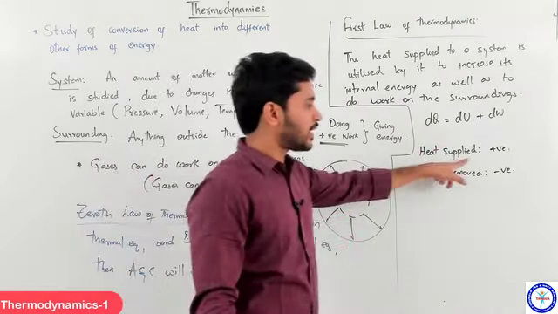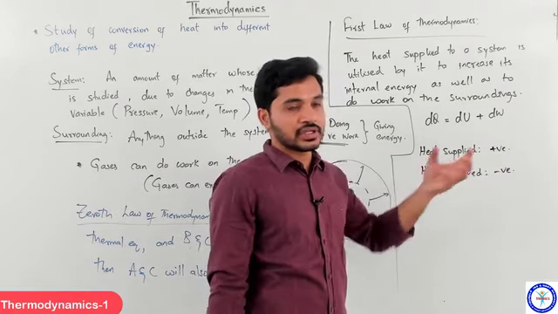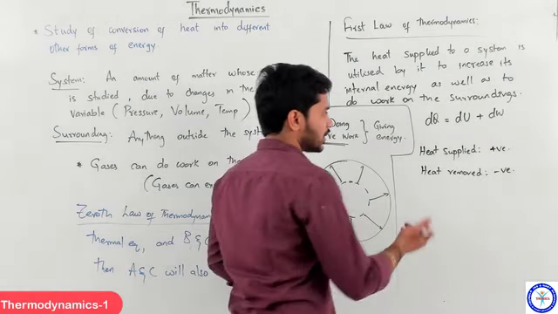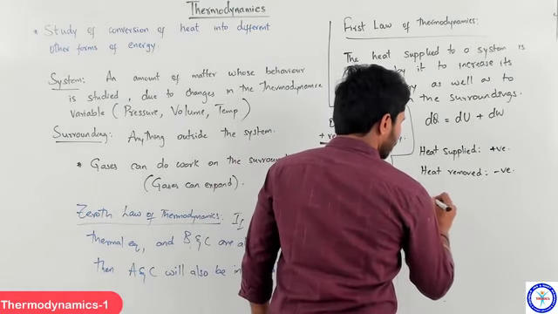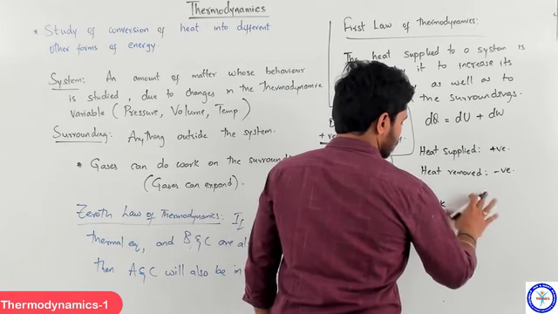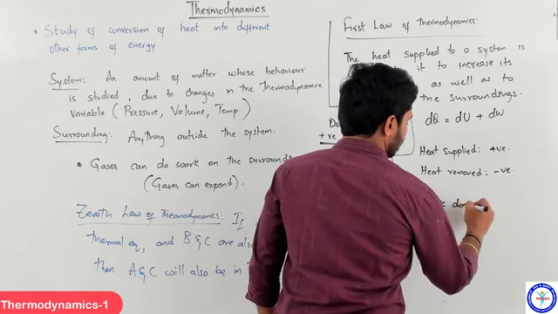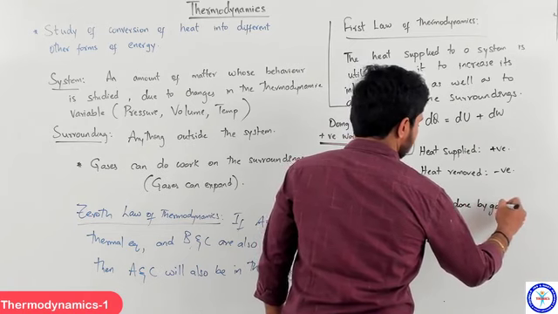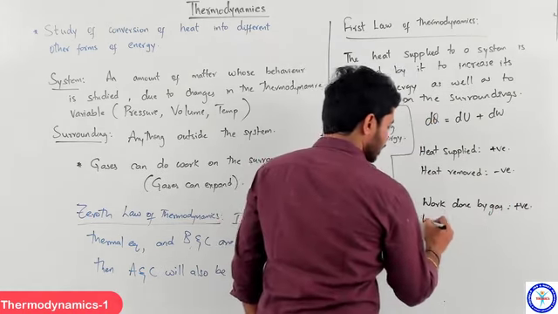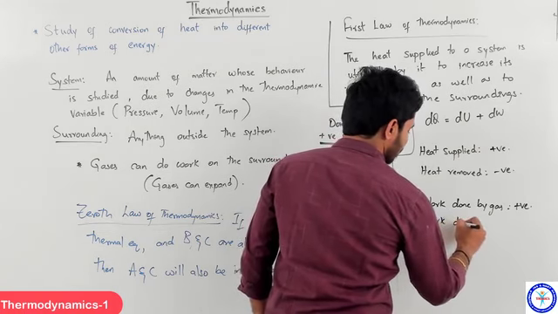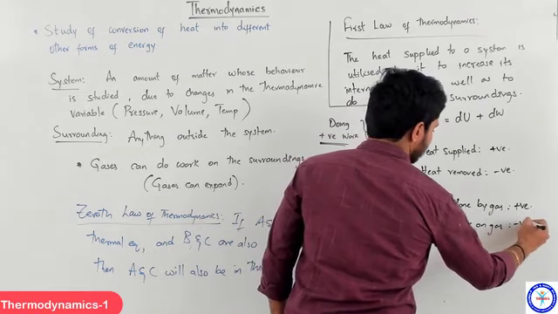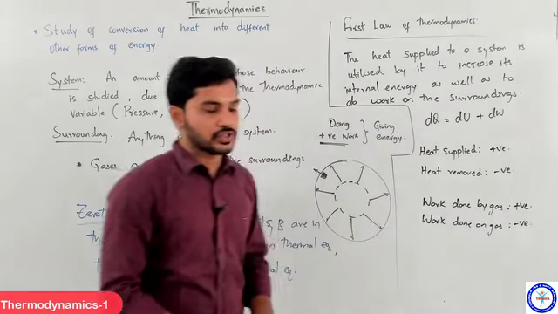So heat supplied is considered positive, so it now can utilize that positive energy. Yes or no? Similarly, when it comes to work, work done by gas is considered positive, and work done on gas is considered negative.